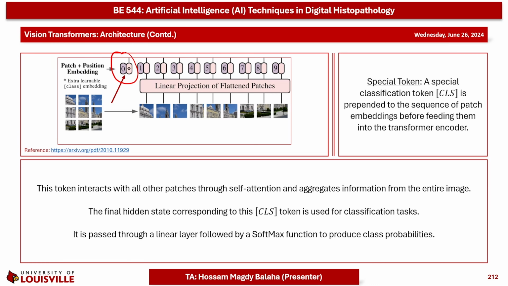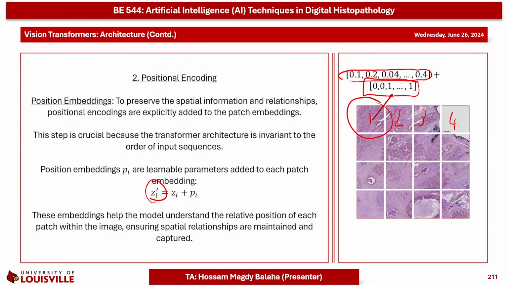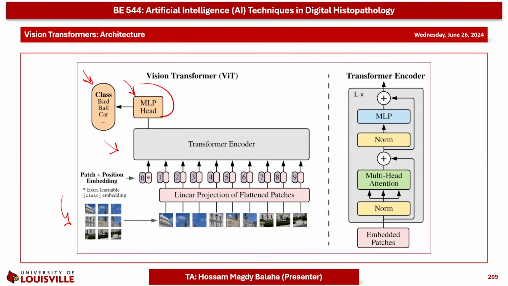This token will interact with all other batches through the self-attention in the encoder and will aggregate the information from the entire image. And the final hidden state will be used for the classification task. So the CLS token will be used later in the classification as noted here in this process.